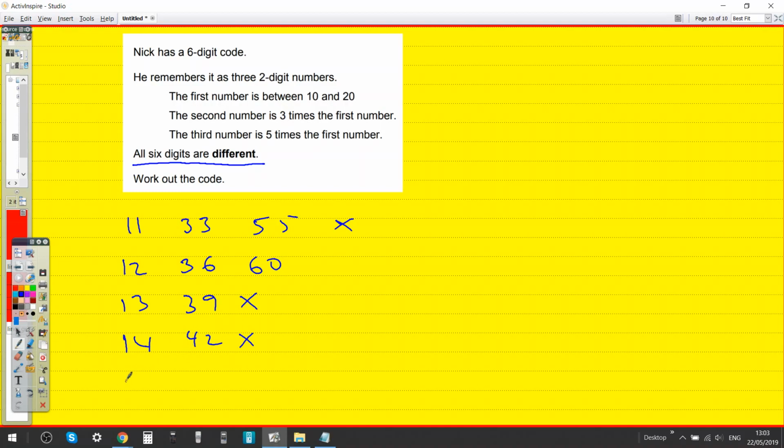So 15 times 3 is 45, that's not going to work. 16 times 3 is 48.